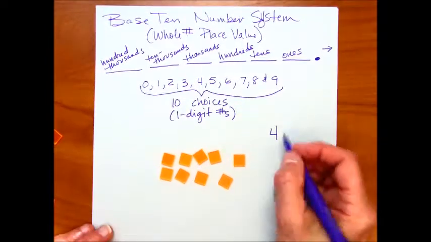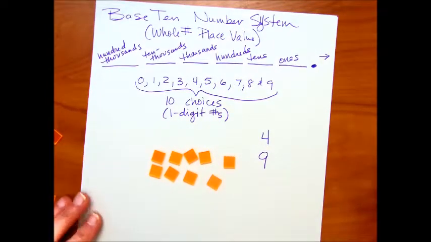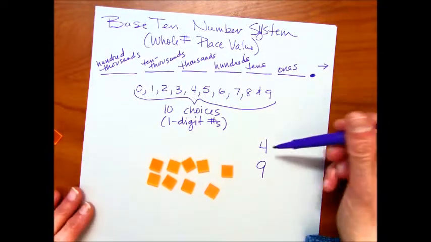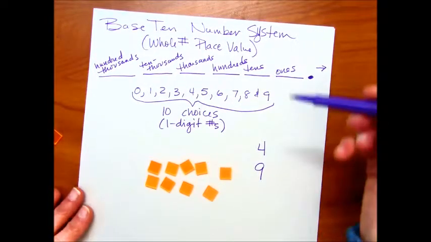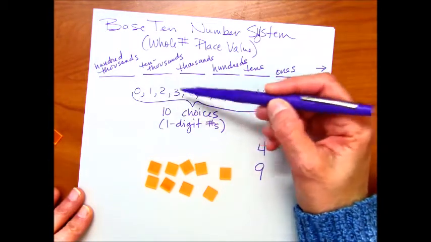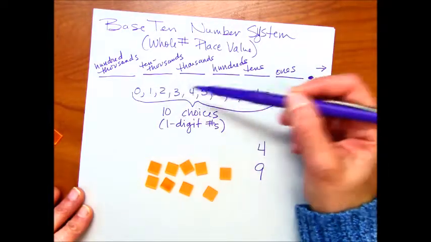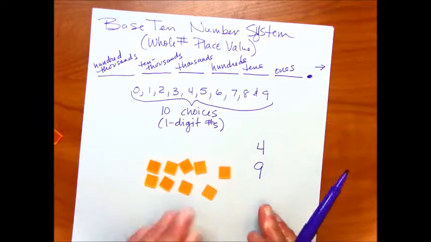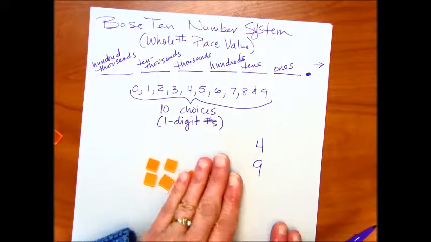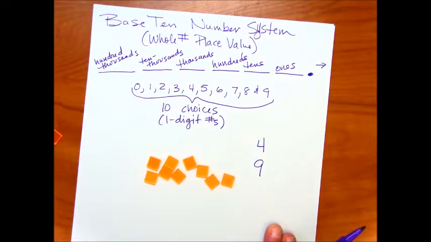So I've got 9 in this group, and I'm going to write it as a 9. Notice that 4 and 9 are possible, one of the 10 that we could choose from. So we had 4 ones, and then another group with 9 ones.